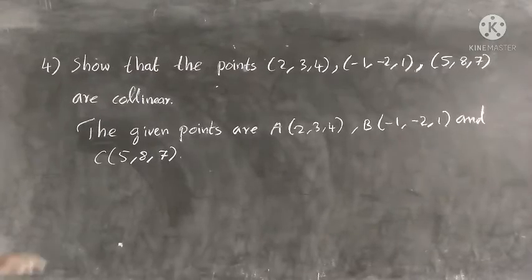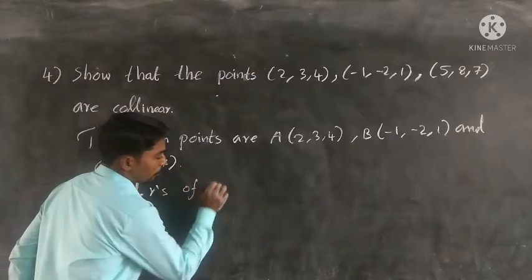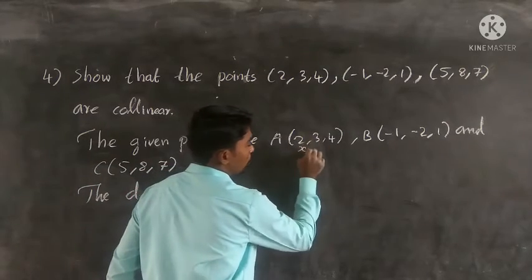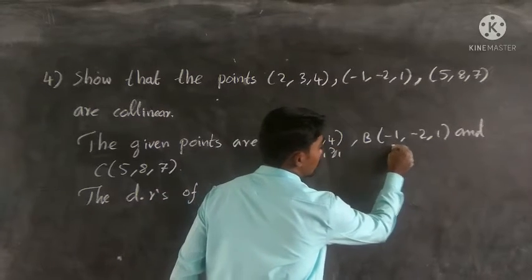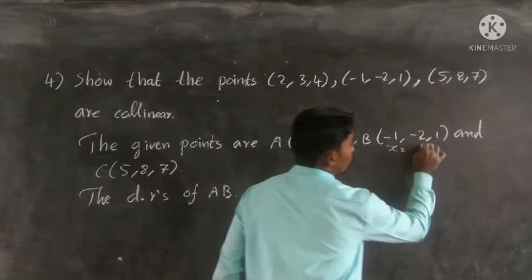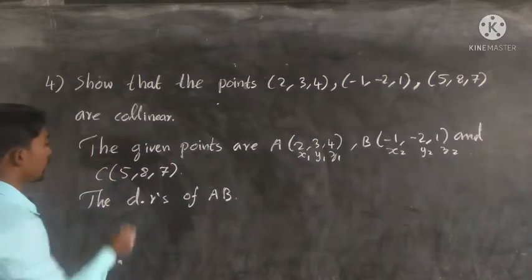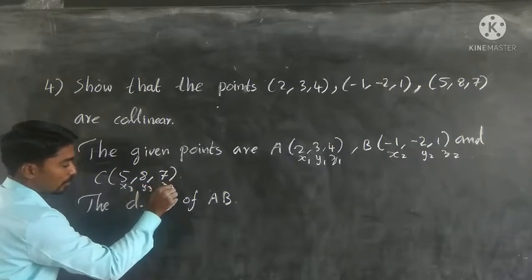The direction ratios of AB. Consider these values as x1, y1 and z1, this point as x2, y2 and z2, and this point as x3, y3 and z3.